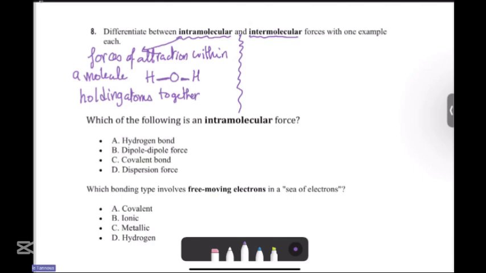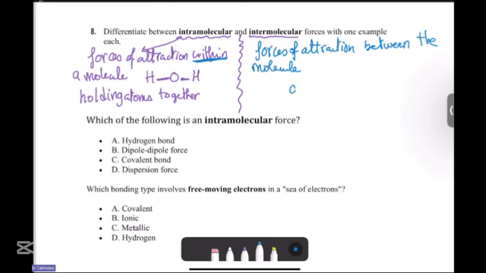Whereas intermolecular forces are the forces of attraction between, not within, the molecules.